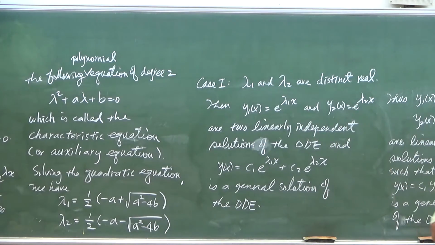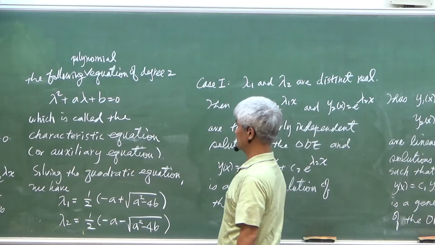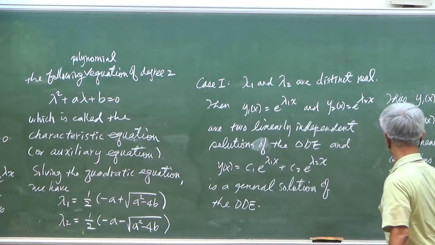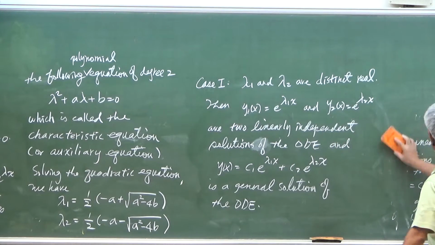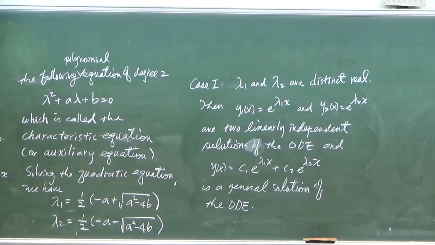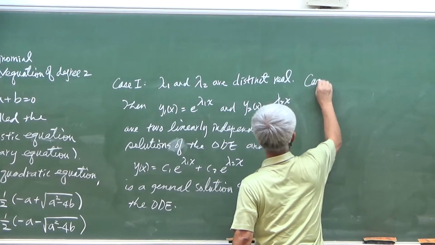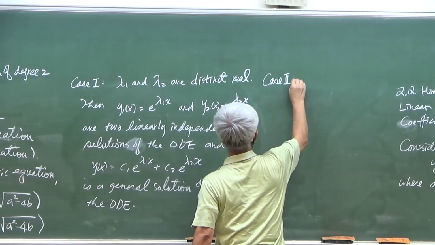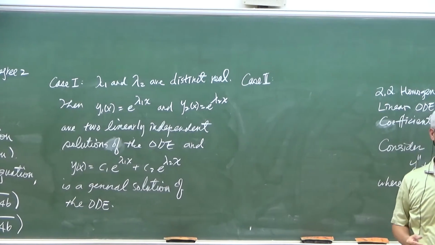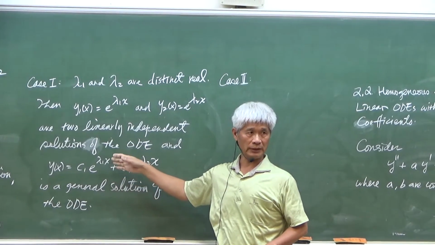So this is an easy case. We indeed find two linearly independent solutions. Any questions about the first one?